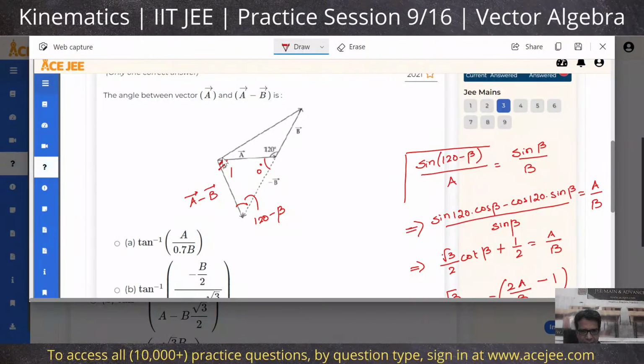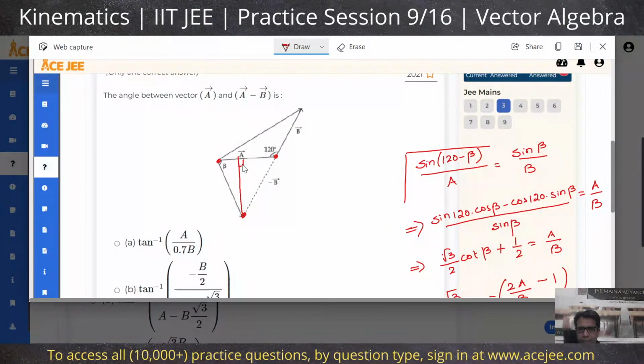Okay, so let me remove all this. From this intersection, the other intersection, the one below I guess. So if we draw a perpendicular on A.